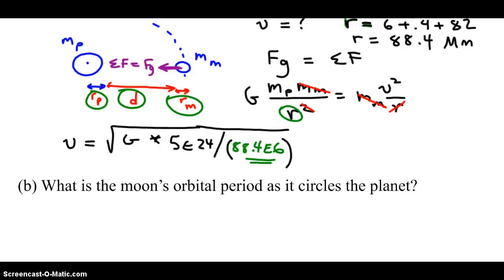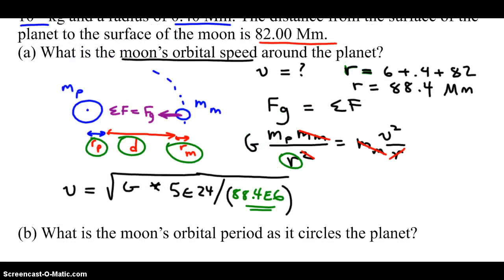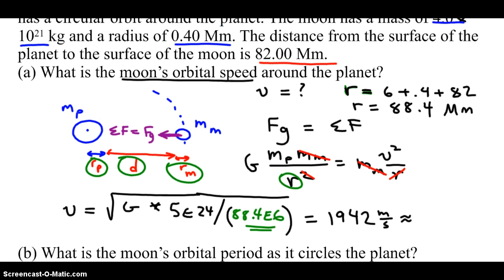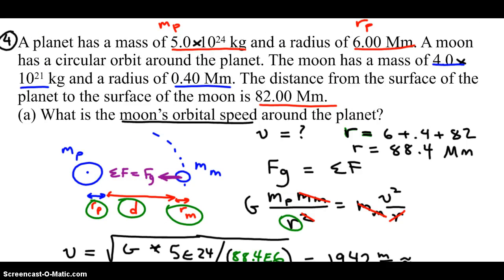Okay, you calculate this on the calculator, and what do we get? This computes to 1942. Oh gosh, my colors keep switching on me. 1942 meters per second. And let me round that for sig figs. I look at my givens back in the problem. Okay. This given, 5.0, has 2 sig figs.